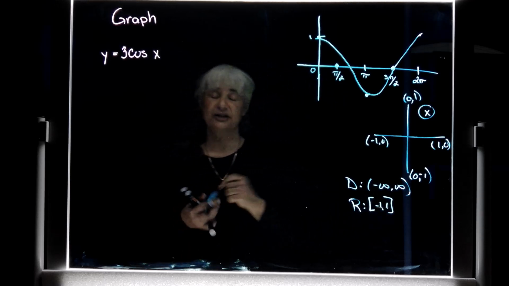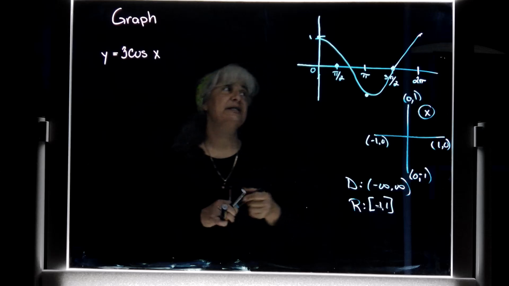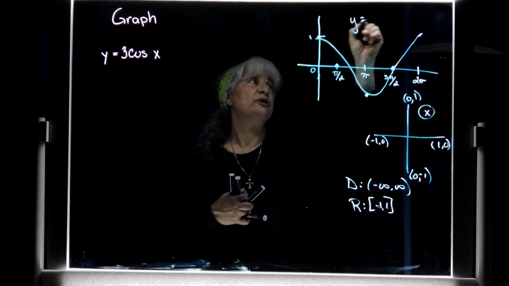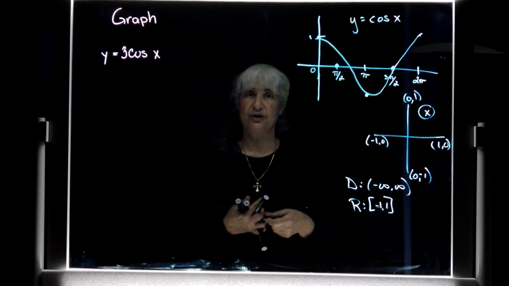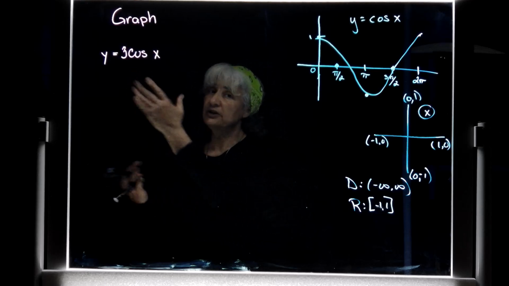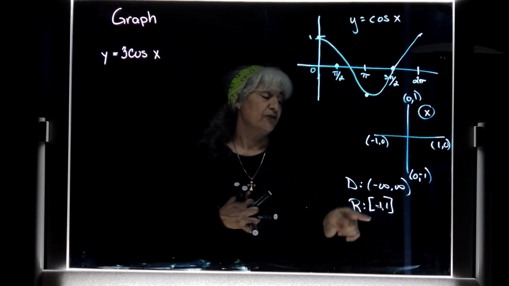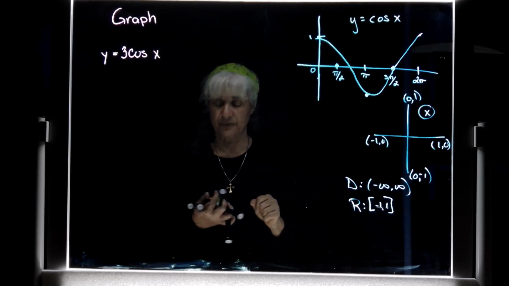Now, something I'd like you to notice, let me write down what we just graphed so everybody's on the same page. Something I'd like you to notice, and I'm going to compare it to what we really want to graph, is the range is from -1 to +1.